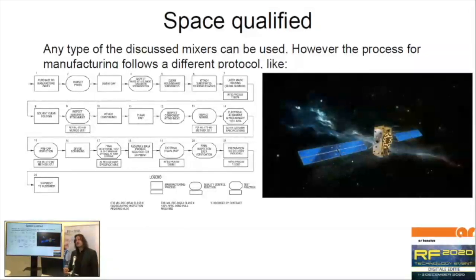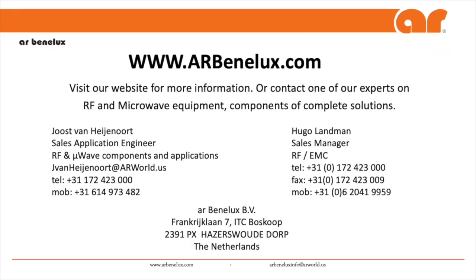If you want one mixer in a system, most manufacturers will make several and then start testing them in several environments to make them ready to work up in space. And all those protocols to make sure that it will work up in space make it more expensive. But all of the systems described above will be able to be used in space.